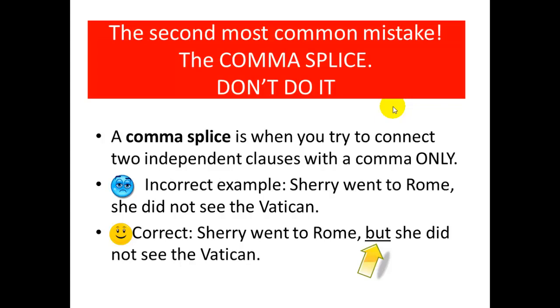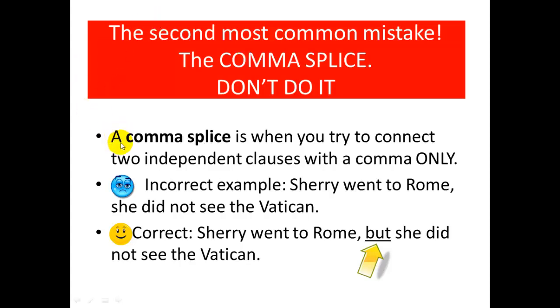If you do this on the IELTS or the TOEFL, you're going to lose points, because it shows that you don't understand how to use a comma or how to use the conjunctions. So it's critical that you practice this and you do not make this mistake. Or if you do, don't make it that often, right?